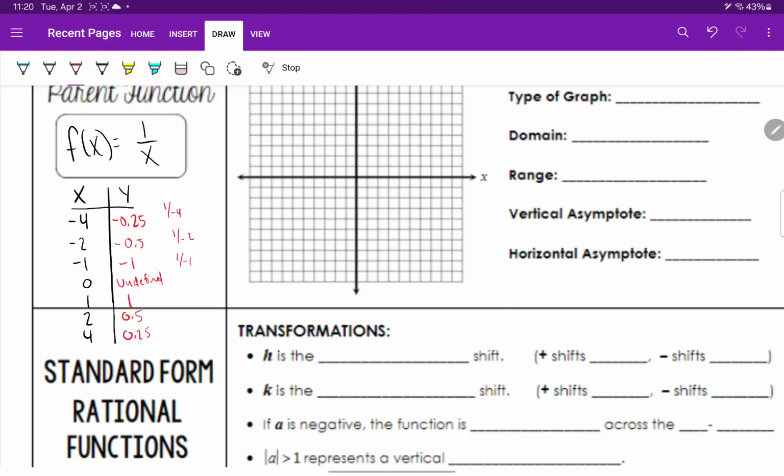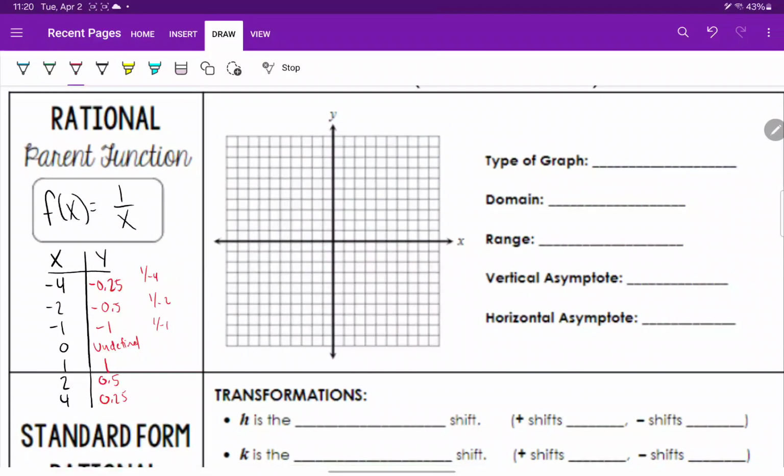If you take these points and plot them on this graph, so -4 and -0.25, somewhere like right there. -2 and -0.5, -1 and -1.